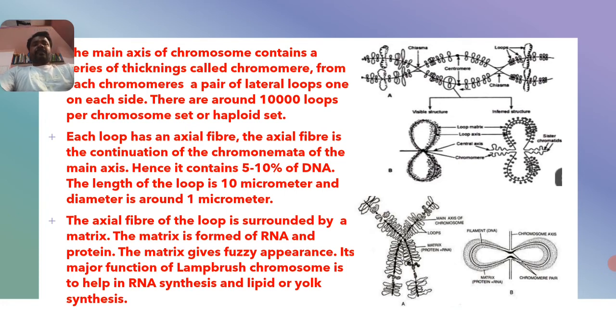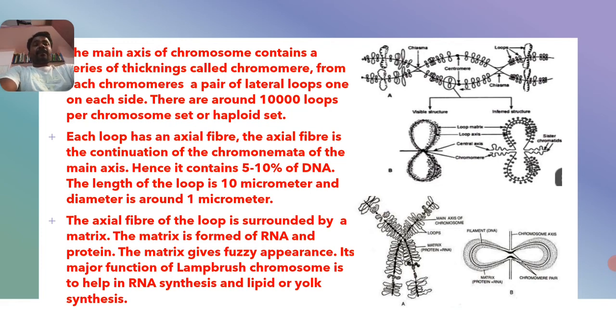through the chromonemata of the main axis. Hence it contains 5 to 10% of DNA. The length of the loop is 10 micrometers and its diameter is around 1 micrometer. The axial fiber of the loop is surrounded by a matrix.